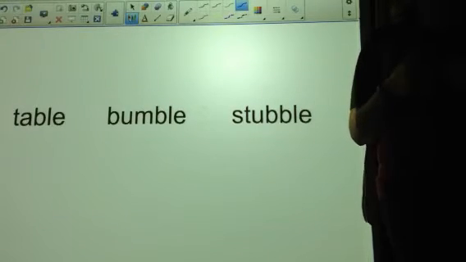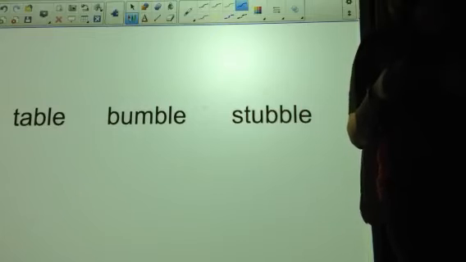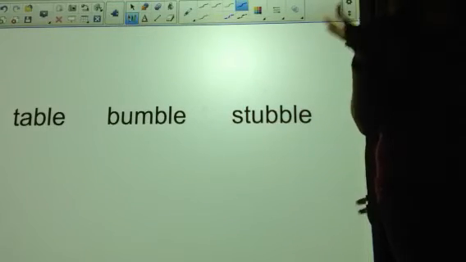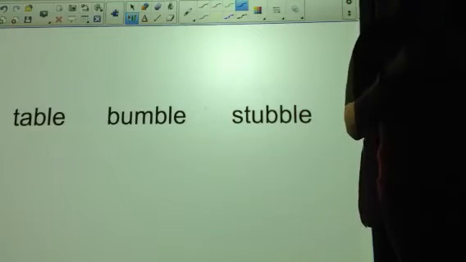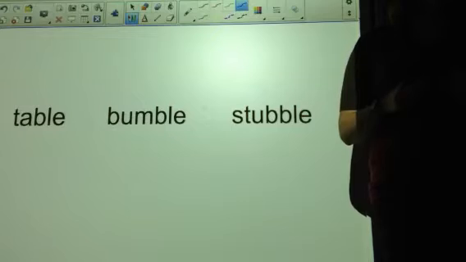What does that mean? That you're trying to make it still. Good. It's stable because it doesn't change. It doesn't move. We can count on B-L-E having the bull sound anytime we see it.